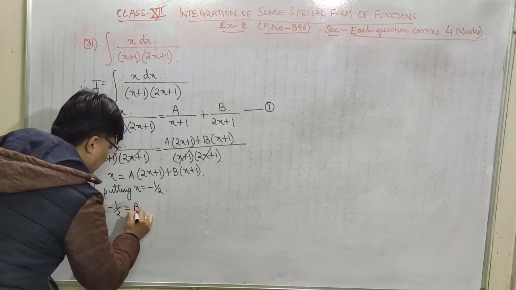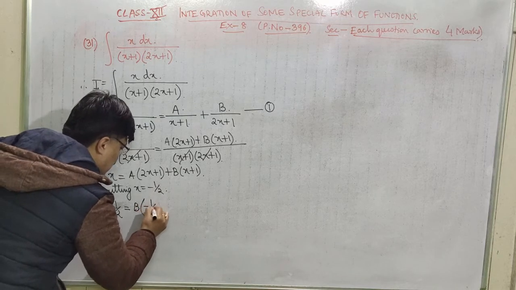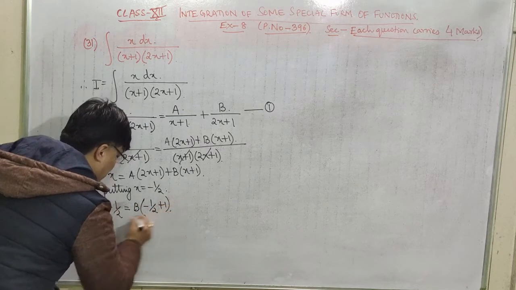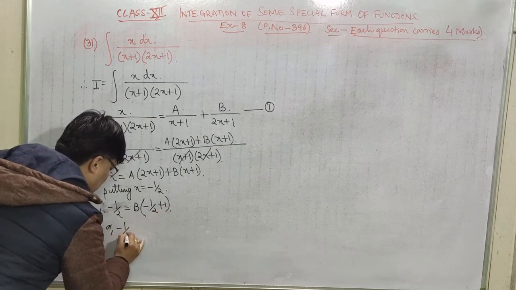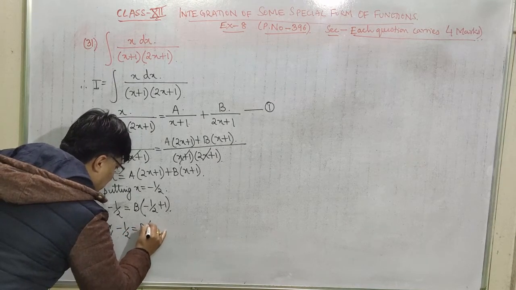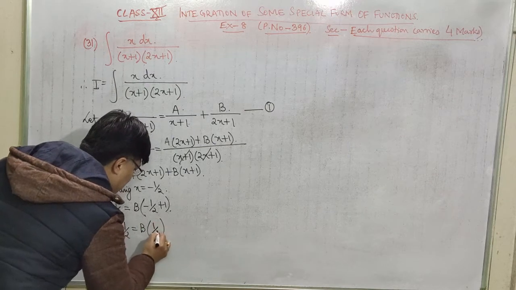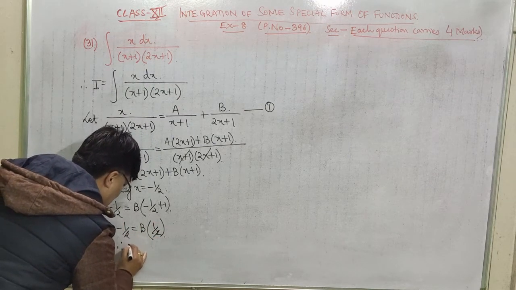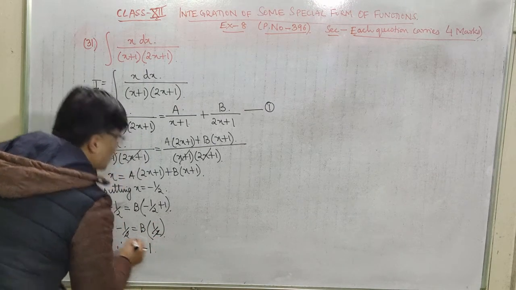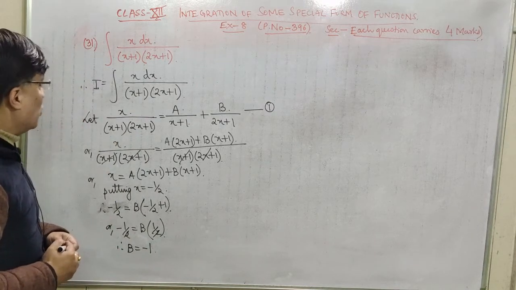So b into, what is x here? This is minus half plus 1, and it is half, right? So the 2 cancels. So what is the value for b? b is equal to minus 1.